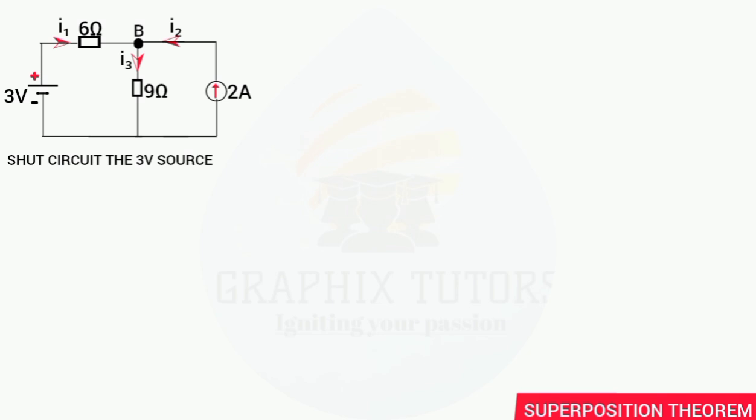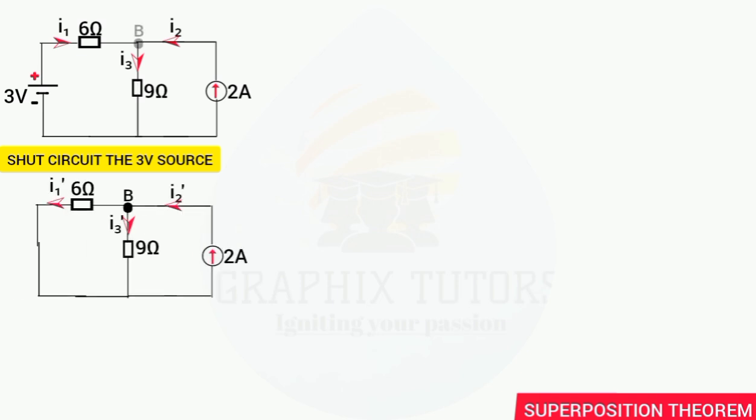Whenever it's a voltage source, you short circuit. Whenever it's a current source, you open circuit. You get the logic? So I'm short circuiting the 3-volt voltage source. Now when I short circuit, this is what I'll have, meaning that I'm removing the 3-volt source and I'm replacing it with a wire.